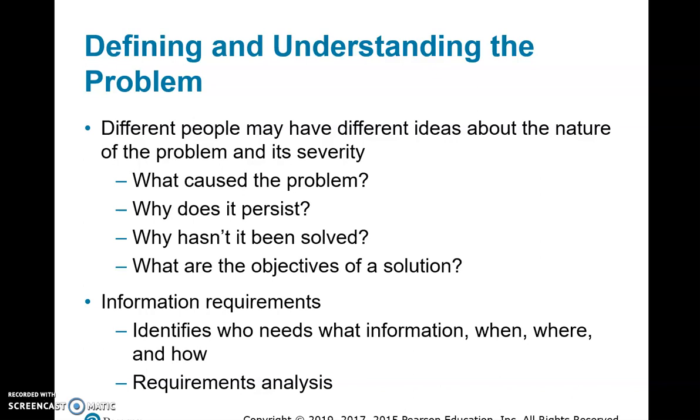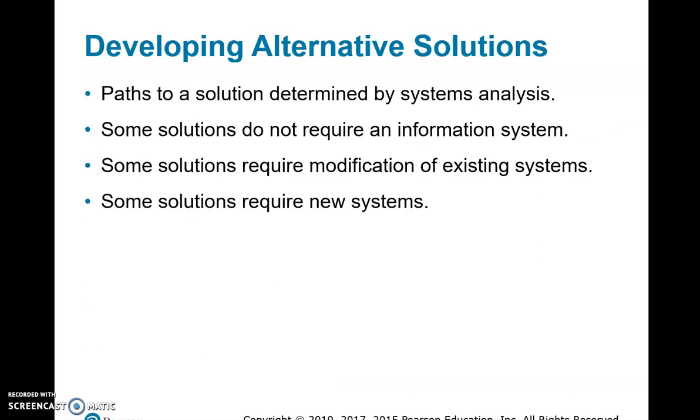So to begin with, you have to understand what the problem is, and then you go and find out what the requirements are, and then analyze those requirements in order to bring out the solutions. Using these requirements, you can develop alternate solutions. In this case, paths to a solution are determined by systems analysis. For instance, some solutions do not require an information system.